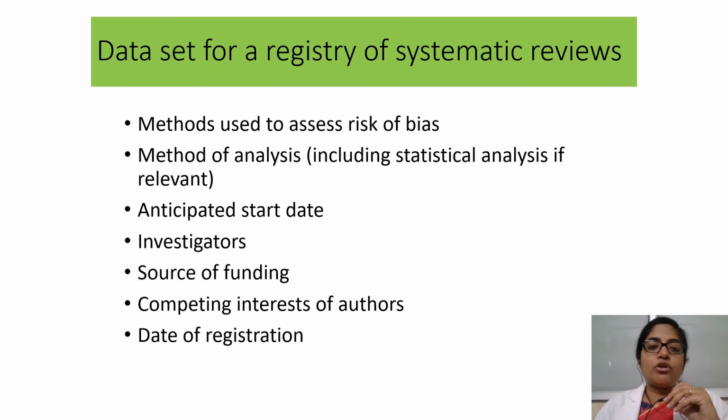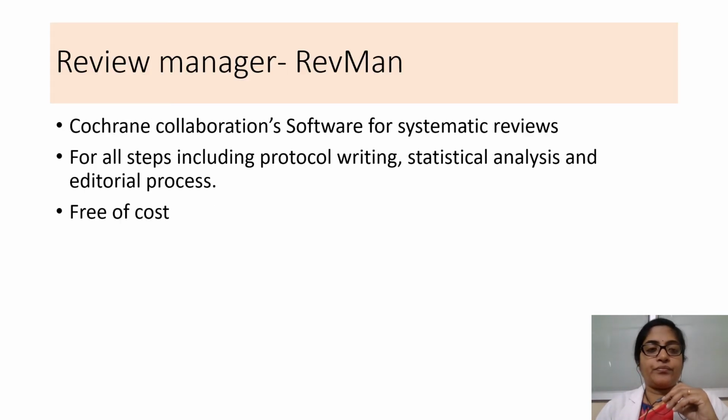They should also include information about methods used to assess the risk of bias, method of analysis, anticipated start date, investigators, source of funding, competing interests of authors, and date of registration. So all this should be handy when we are trying to get our review registered online.